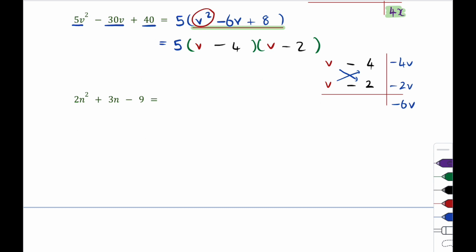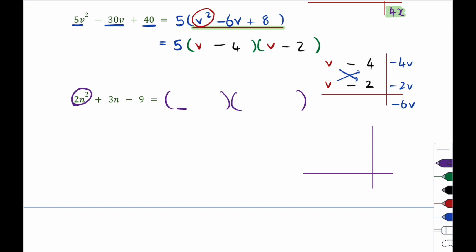And lastly, this is a more challenging example because of the number 2 in front. There is a 2 in front there, so we have to take that into account when we are doing the diagram on the right. Well, we stick to our method. We know that I have 2 brackets.